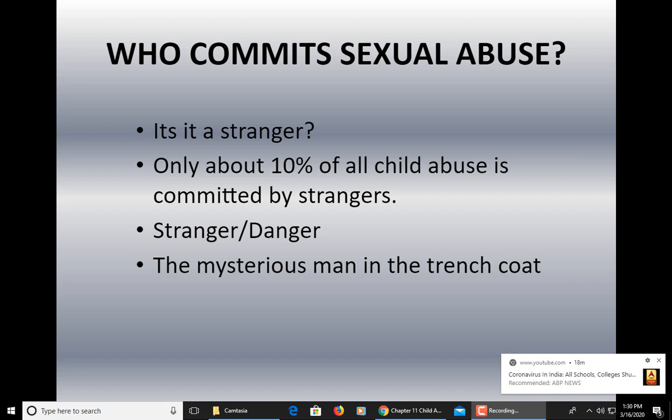And because of that one chance, if they don't have the opportunity to groom a child, they're more likely to use physical force on that child in order for them to engage in sexual activity. So keep that in mind as well, that with people the child knows, whether it's family members or not, the sexual abuse is more likely to occur through manipulation, but if it's with a stranger, this is more likely to occur through physical force.